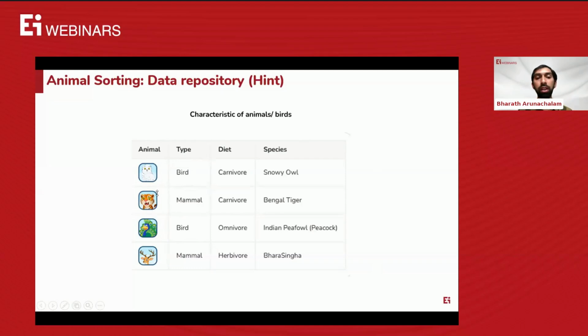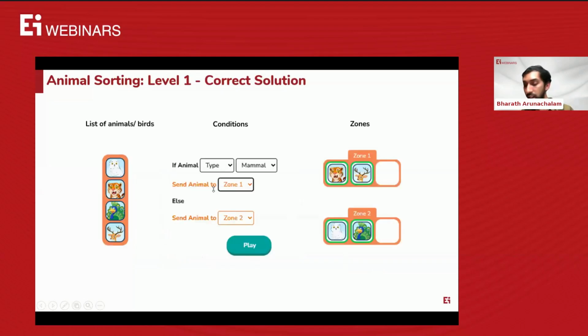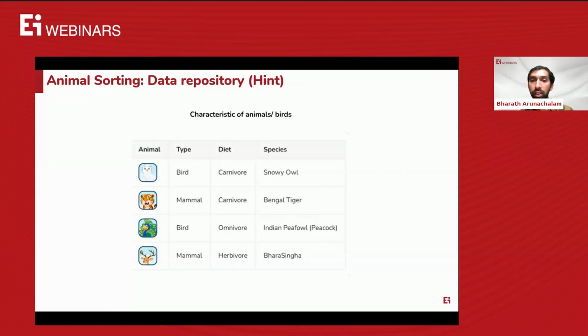For example, if zone 1 has owl and tiger, and zone 2 has peacock and deer, and the student is able to read and understand that, they'll have to choose diet as a characteristic, and they can choose carnivore. That way, they can classify these animals as tiger and owl, and then in zone 2, peacock and deer. So this also helps them understand certain aspects in, say, biology.